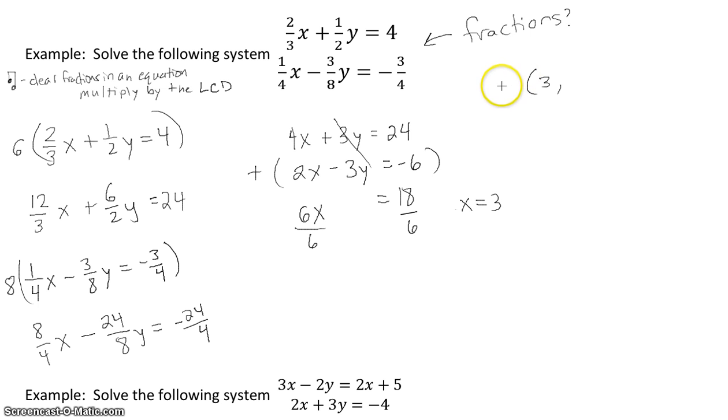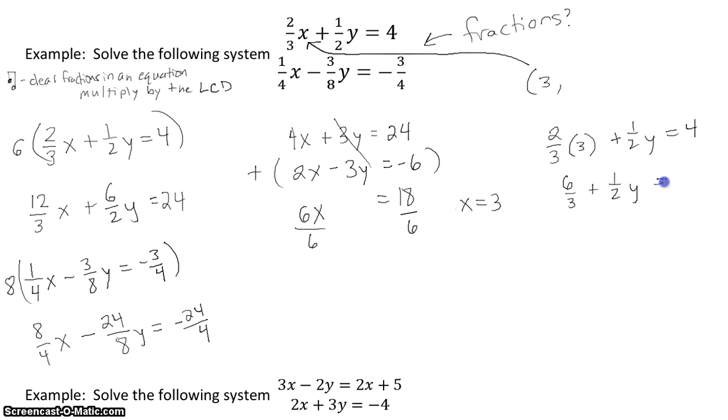Now I'm going to use a different method. Rather than elimination, I'm going to plug in 3 for x. It doesn't matter which equation you use; I'm going to use this first equation. So 2/3 times 3 plus 1/2 y equals 4. 2/3 times 3 is 6 over 3, so this becomes 2 plus a half of y equals 4.